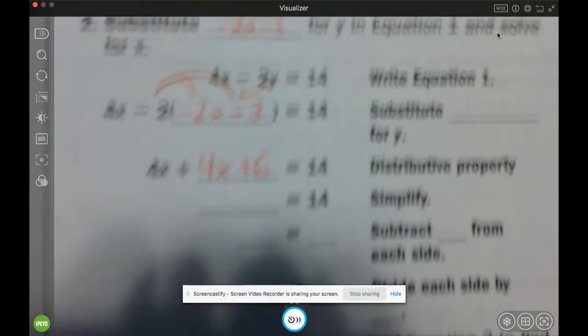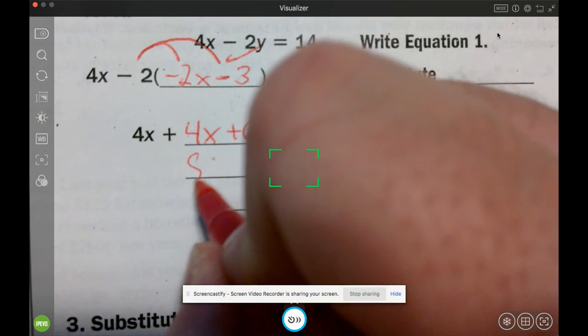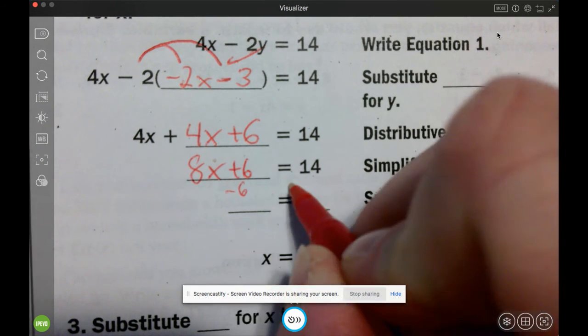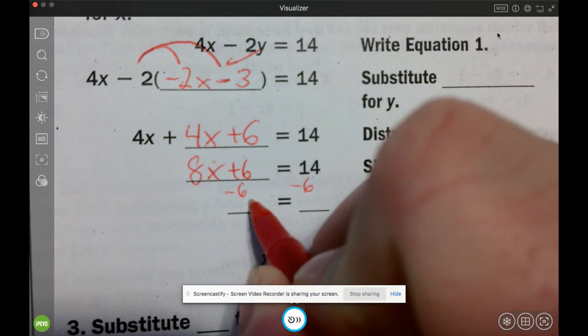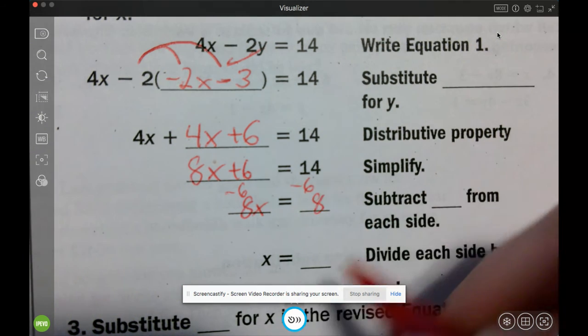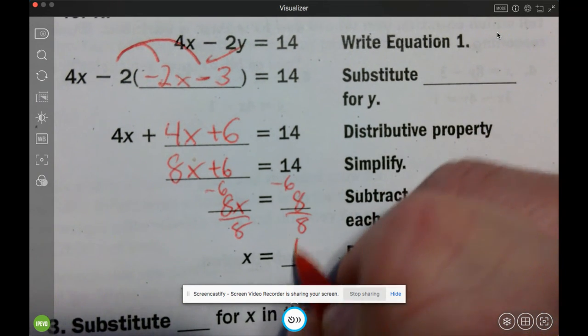Let me zoom in here so you can see it. Combine the two 4x's, I get 8x plus 6 equals 14. Minus the 6, I get 8x equals 8. Okay, I don't think I made a mistake, so that means I get x equals 1.